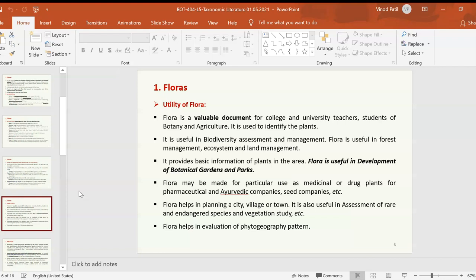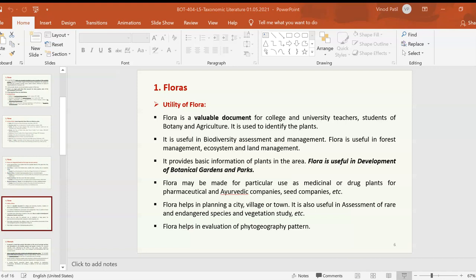In this way, the flora may be helpful for the gardens and the botanical parks too. So flora may be made for particular use as medicinal or drug plants. Flora of medicinal plants can be used by the pharmaceutical and Ayurvedic industries.